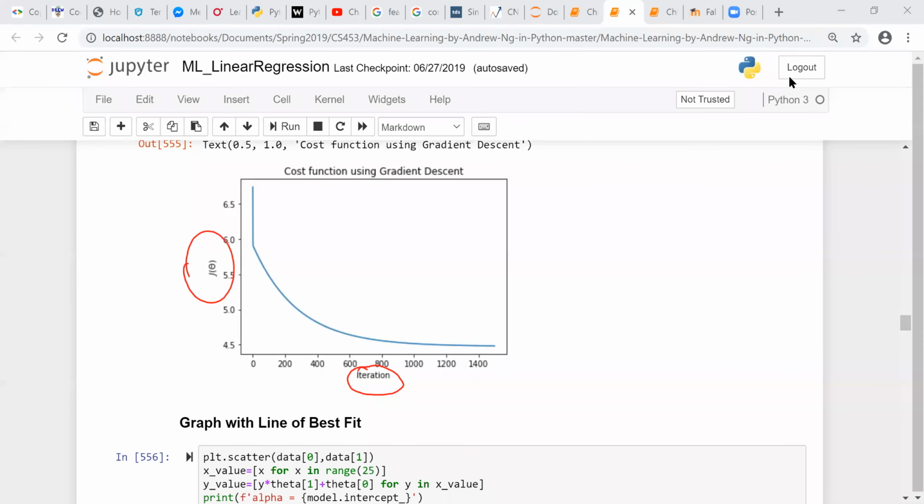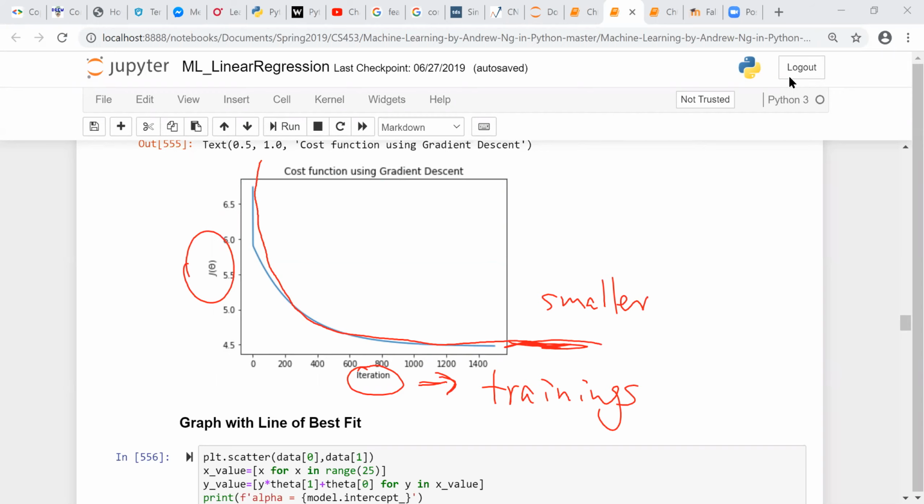If the cost function has this kind of trend, the cost function decreases with the number of iterations of your training, getting smaller and smaller, and then stable, we call it convergence.